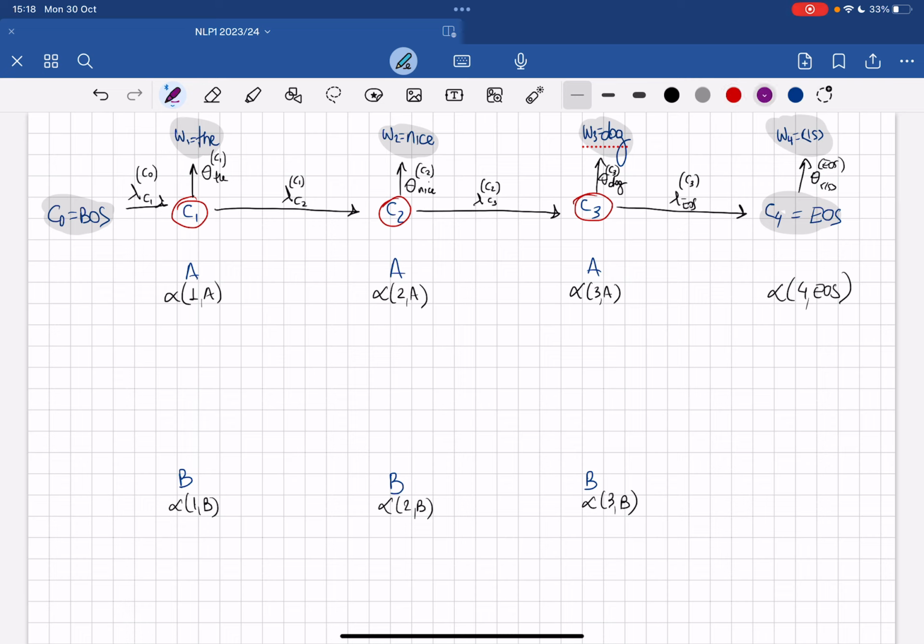Let's start. At the very beginning, I know that there is no sequence to be marginalized out prior to C1. So I know that to get to this cell, I had to do a transition from BOS to A, and then emit from A the.